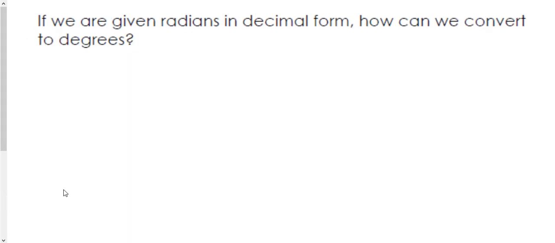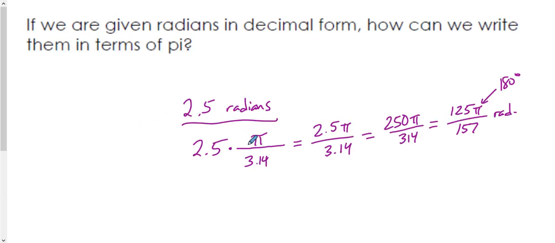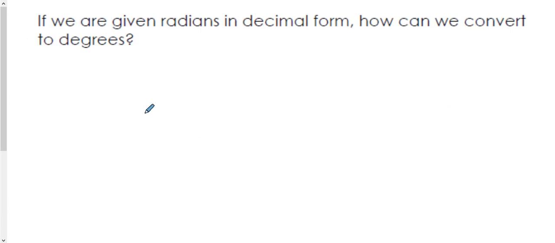What we're going to do is step all the way back here and just change this to 180. We're doing the same thing, just much faster. So for instance, if I had something like 3.7 radians, to convert this into degrees, I'm just going to do times 180 degrees over 3.14.